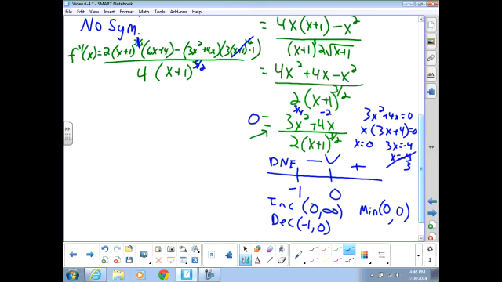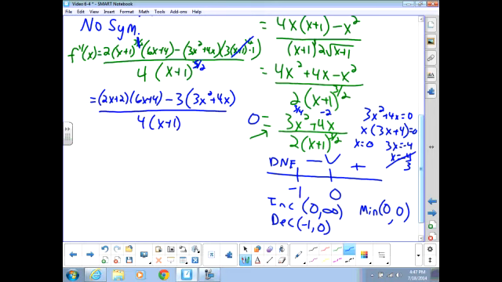We can distribute the 2 through, and we'll get (2x plus 2) times (6x plus 4) minus that far right parenthesis is now just a 3 times a 1, so I'm going to stick that 3 and distribute it through, or actually we'll just write it as a 3 for right now. 3 times (3x squared plus 4x) all over 4 times (x plus 1) to the 5 halves.